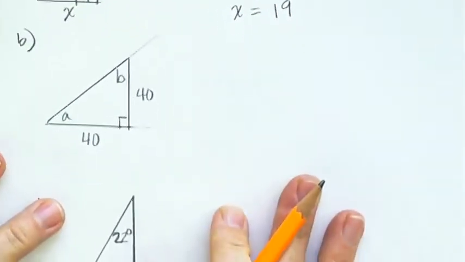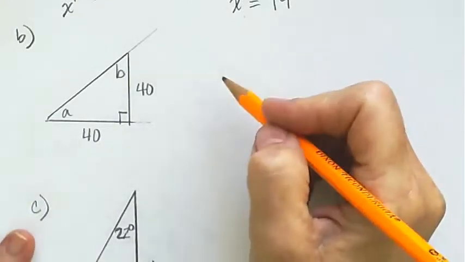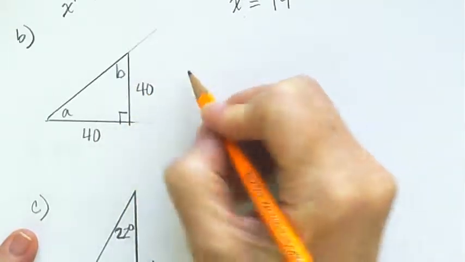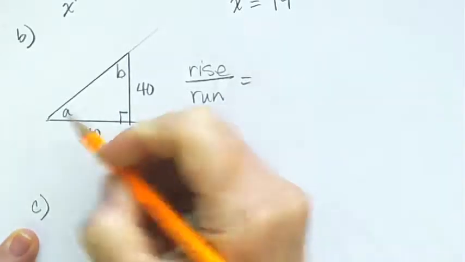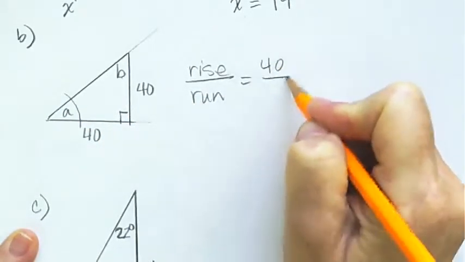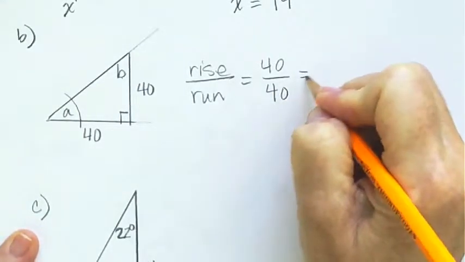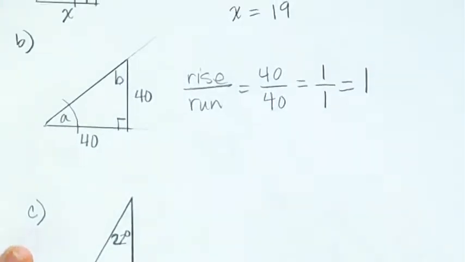Okay, looking at part B, we have another slope triangle. And here we're looking for the angles. And we know that if I'm looking at this angle, angle A, the rise over the run is 40/40, and it's the same if I'm looking at B. Well, 40/40 reduces to 1/1, which is just 1.